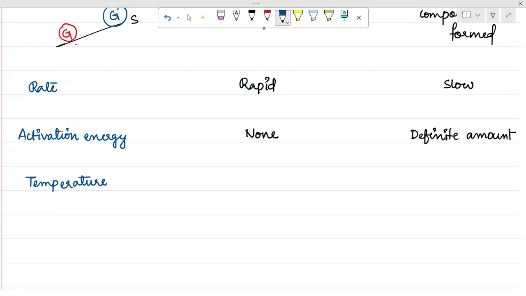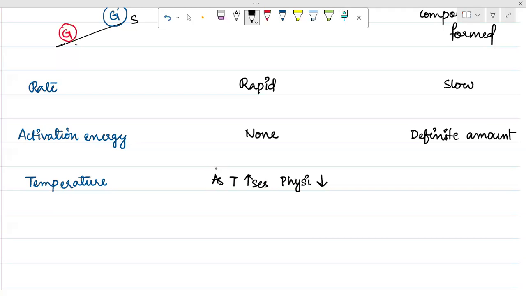The way it depends on temperature, you note it down. For physisorption, as your temperature increases, physisorption decreases. Why? Because the molecules cannot stay there. They are very weak interactions, and once you increase the temperature, they will fall off and desorption happens.